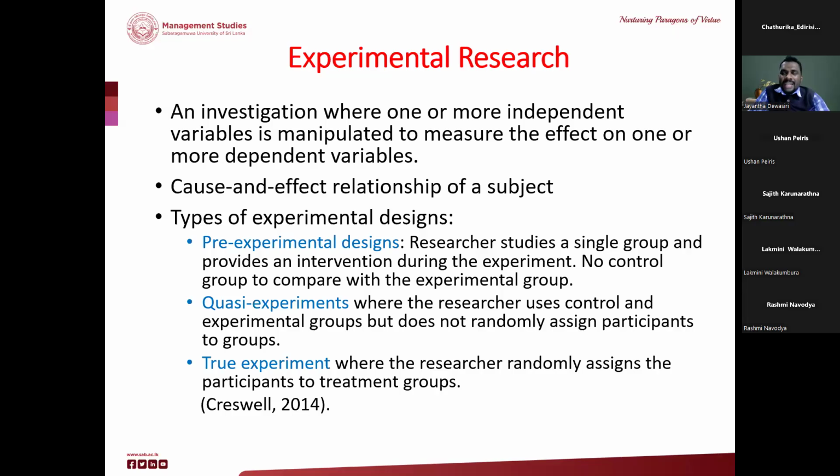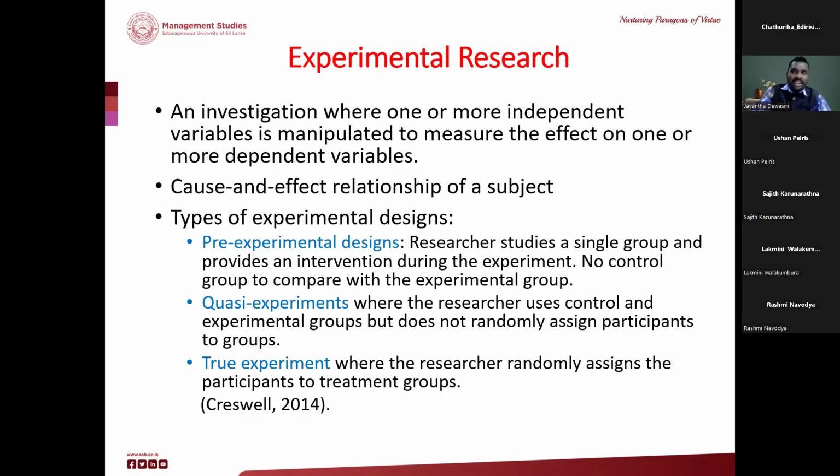A control group means you are giving Dhammikapaniya to one set of people and not giving it to another set, in order to see whether there is a difference. Assume that you do not have such a group, meaning you are conducting a pre-experimental design. You do not have a control group, so you are utilizing a single group. The problem here is that the patients can survive, but we cannot say it is just because of the Dhammikapaniya.